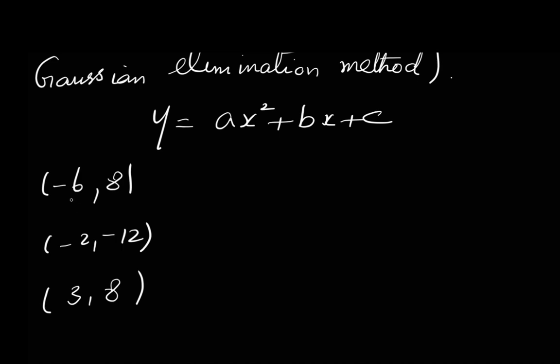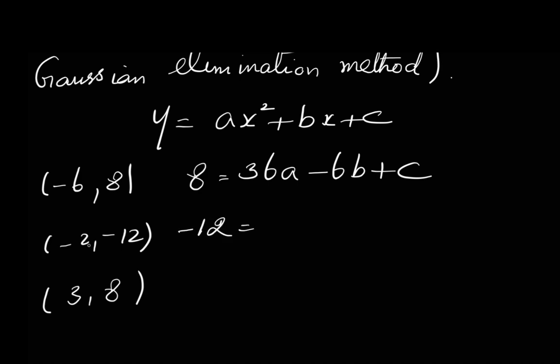When x is minus 6, we are getting y as 8. So 8 is equal to, replace x as minus 6, so 36a minus 6b plus c. Second equation, y value is minus 12 and x is minus 2, the whole square, that is 4a minus 2b plus c constant.